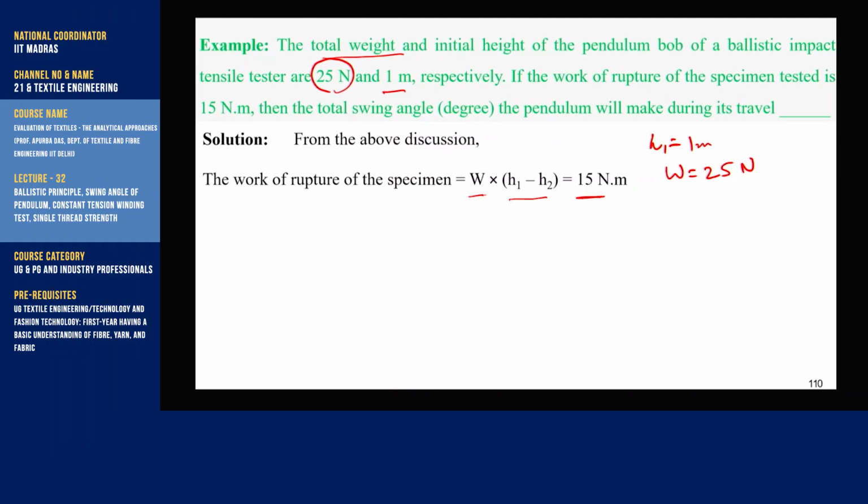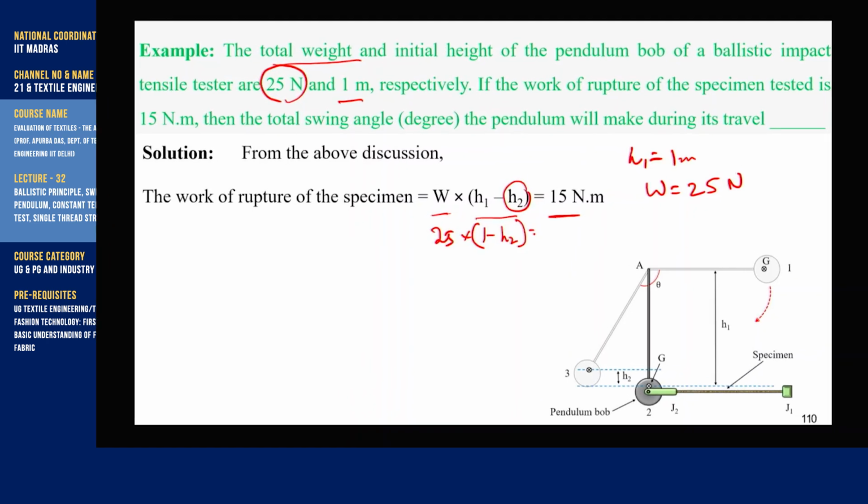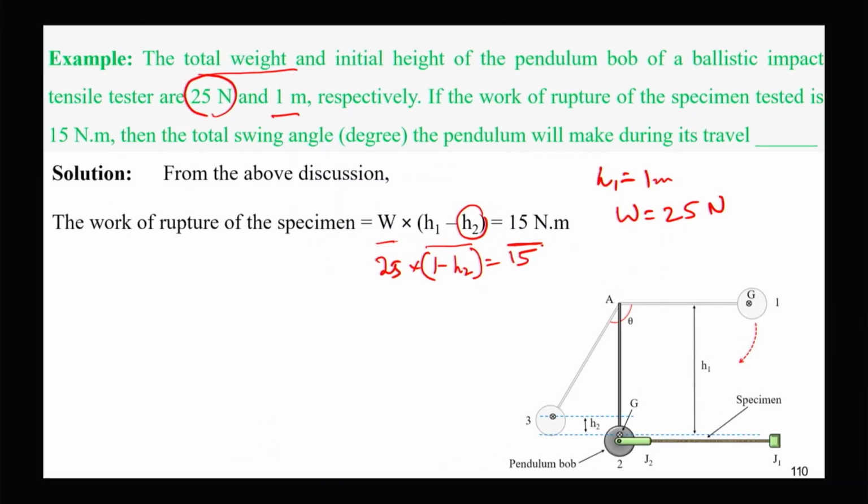Now we will try to calculate H2. H1 is given, so 25 multiplied by 1 minus H2 equals 15.